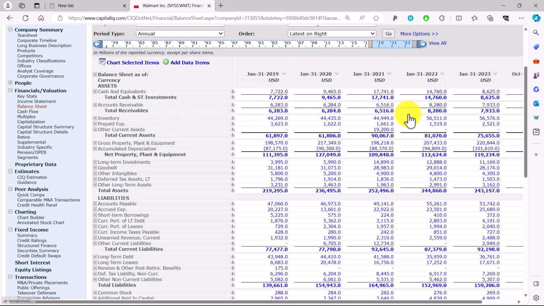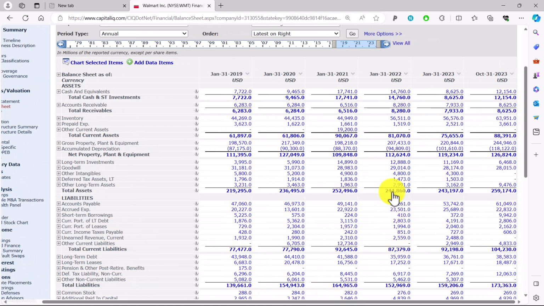They've got some accounts receivable, but as we mentioned before, that's not very big for Walmart. Their major assets out here, and again, I'm going to look at October 31st, 2023, inventory is the big one, okay? $63.9 billion worth of inventory out there.